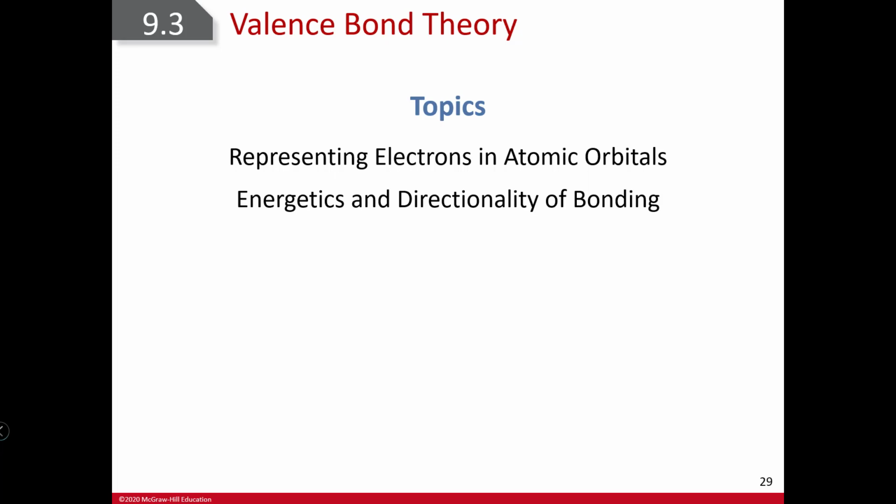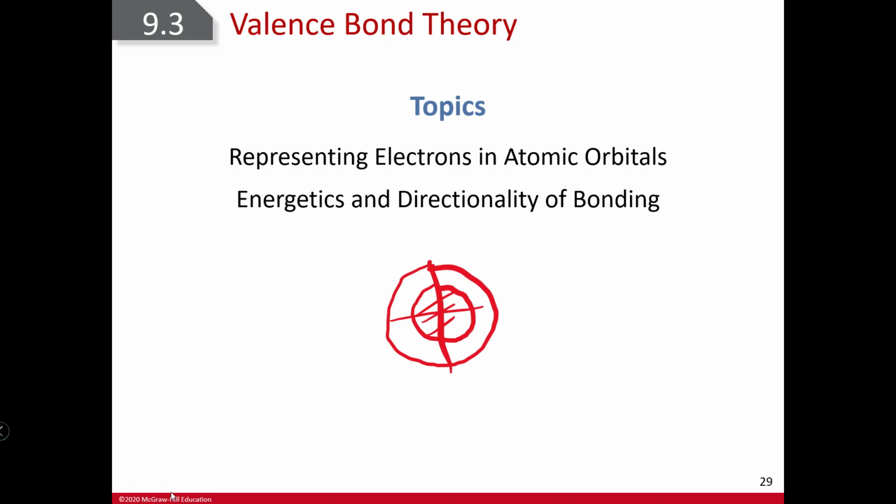9.3, this is real easy. I'm not going to spend a lot of time with this, but when we talk about bonding, let's just look at this. We know that the s orbital looks like this. So we've got the 1s, we've got the 2s, and then we have the directional characteristic of the 2p.